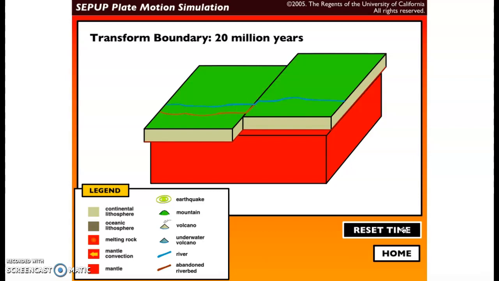Okay, so in 20 million years, we saw our plates move, and because the ground moved, we had lots of earthquakes. My riverbed moved. So the water pushed through the new spot in the crust and created a new riverbed, and the old riverbed no longer has water going into it, so it becomes an abandoned riverbed. But that's really all that happens.